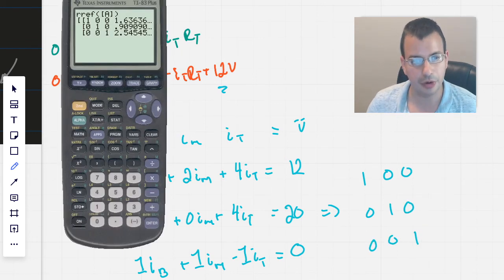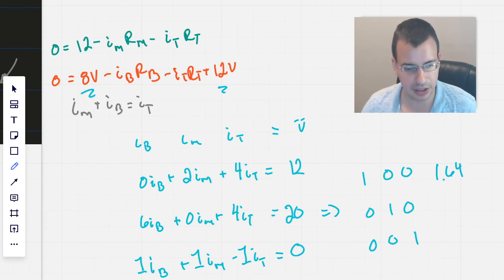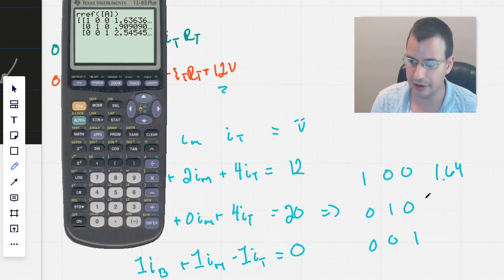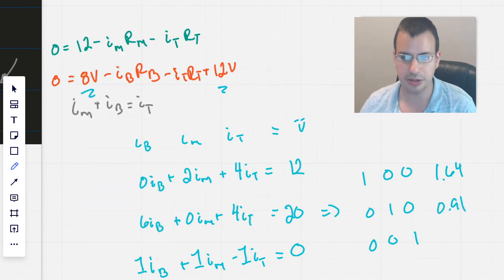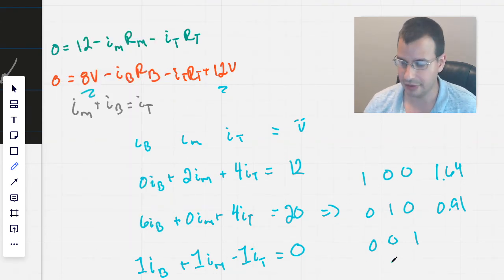Our first value is 1.64, the second value is 0.91, and our last value is 2.55.